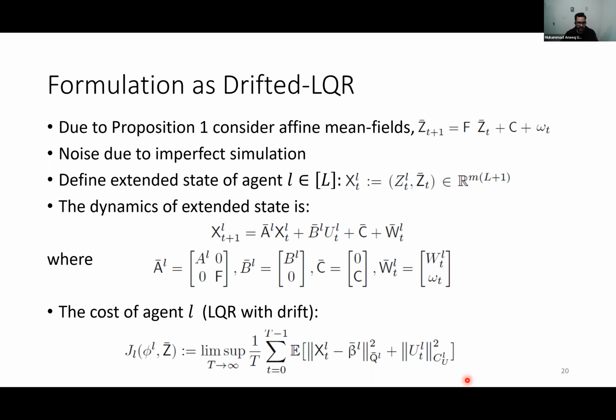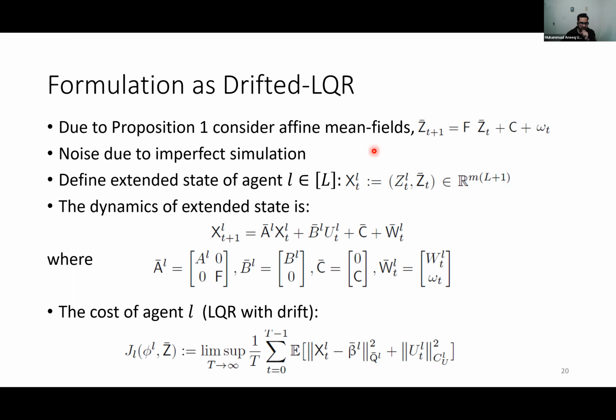This problem can actually be formulated as a drifted LQR problem, and the reason for that is in Proposition 1, we prove that the equilibrium mean field has affine dynamics. So we only consider mean fields with affine dynamics. There is a certain noise that creeps in due to imperfect simulation. I'll show why. The simulator that we use is assumed to be imperfect and slightly noisy.